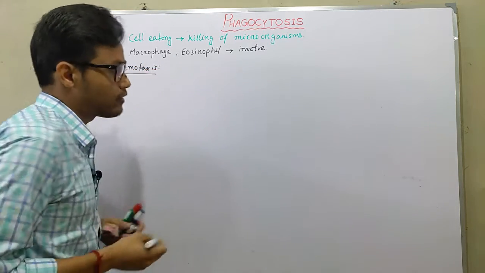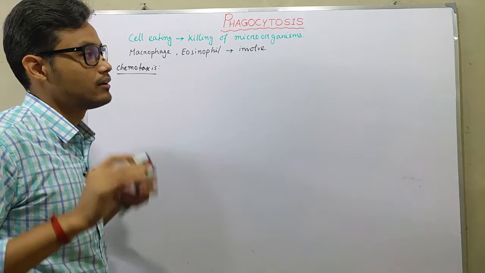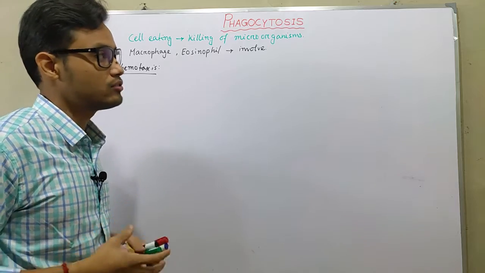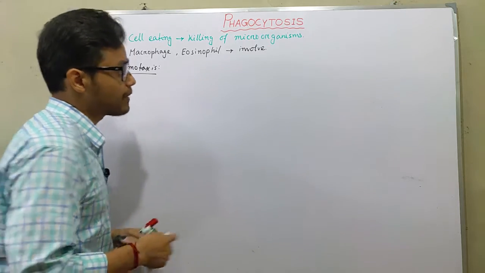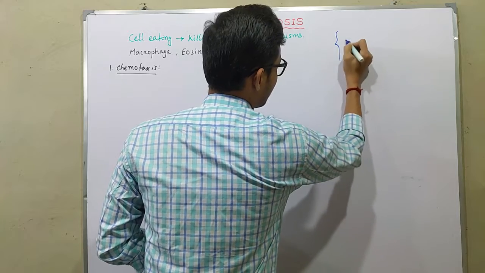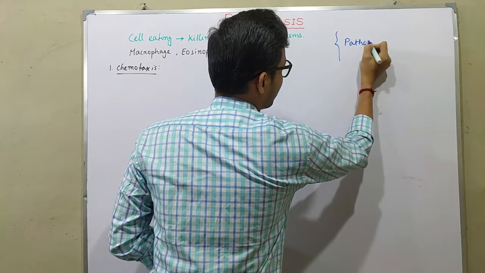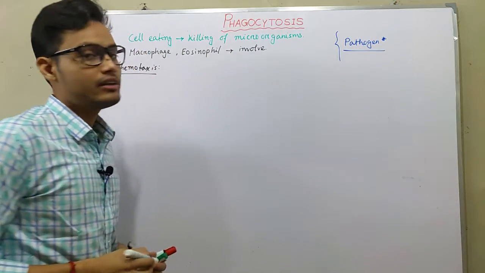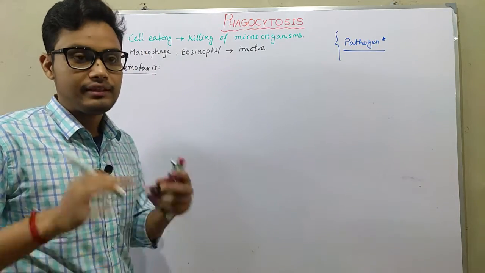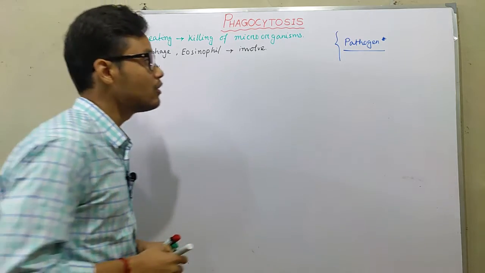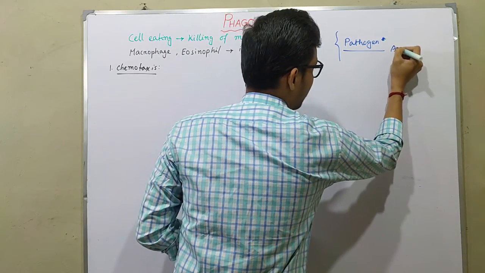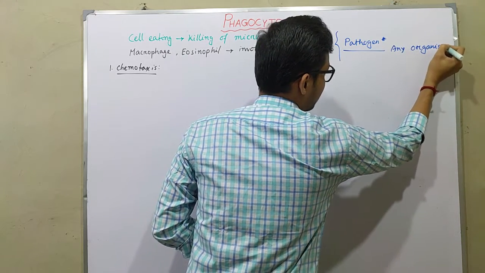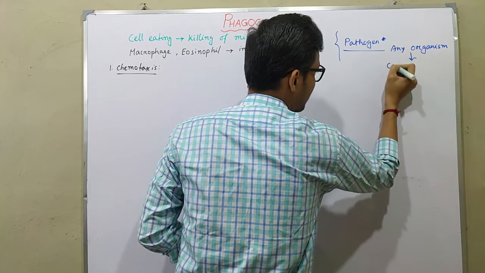Before I start phagocytosis, let's assume that microorganisms or pathogens invade our body. So what do you mean by a pathogen? Pathogen is any kind of organism that creates a disease in our body.